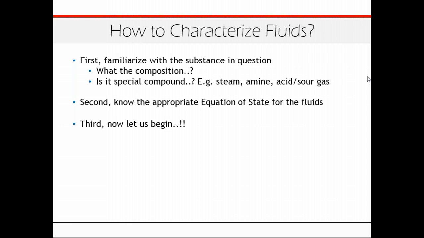But the property of each of these components will not be the same in every one of these locations. What does this mean? It means that I cannot use the composition of crude oil from one location in a simulation for a composition that I'm getting from another.